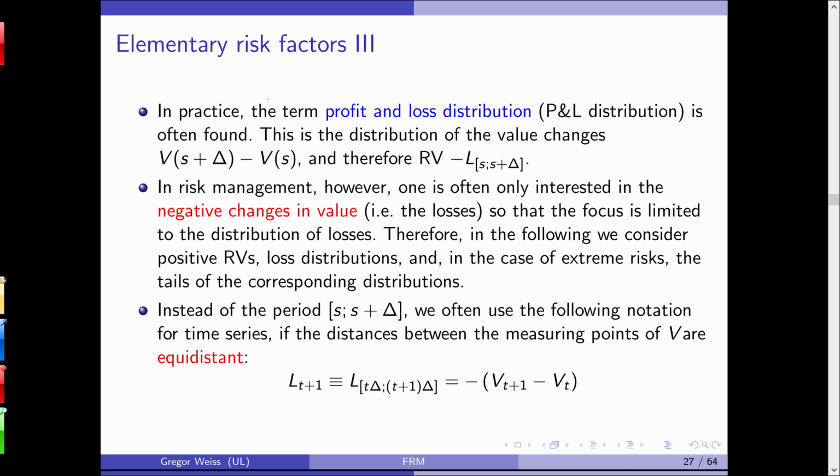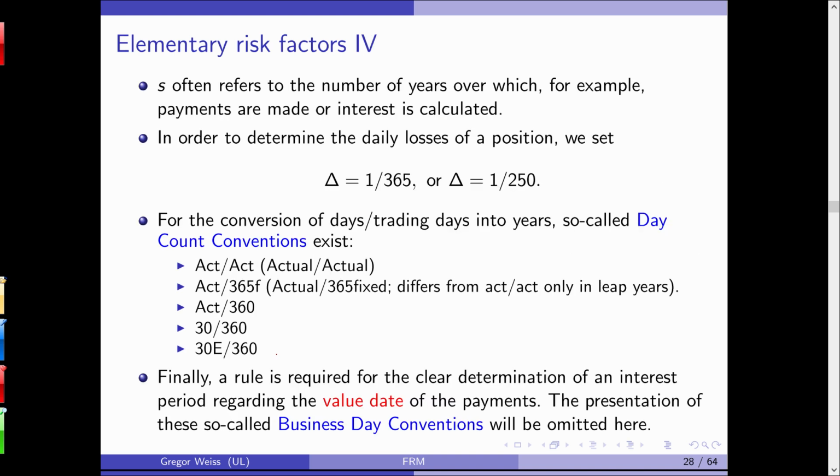For example, today, tomorrow, the day after tomorrow. So the differences in time are equidistant, and we can simply look at the change from the value of the investment in t plus 1 in comparison to the value in t. This means that it is simply L_{t+1}. The change in value from today to the next day, to tomorrow, or next month, or next year.